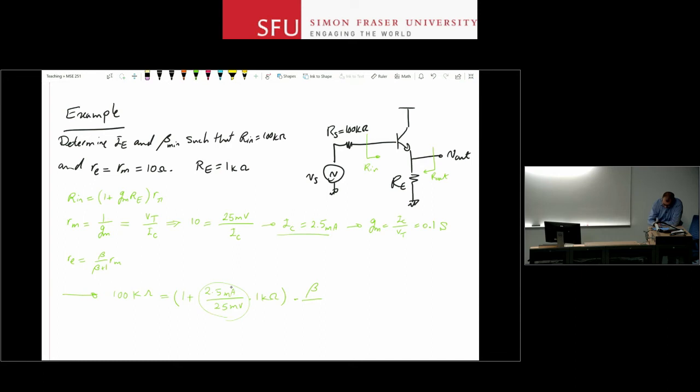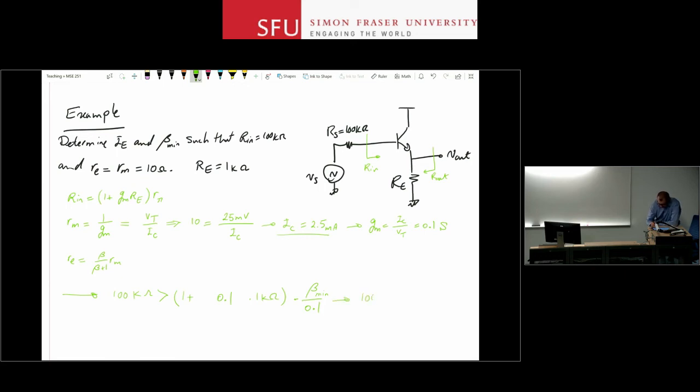So let me just use that value directly here. So this is 0.1 times 0.1. I want R in to be at least this much, so R in has to be larger than this, so I can calculate the beta min from that expression.